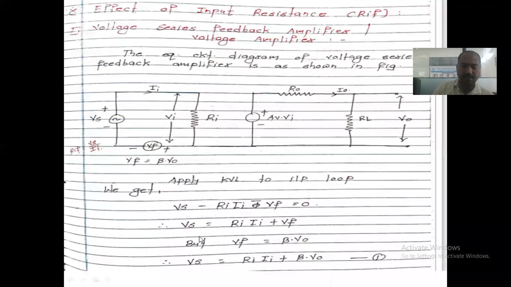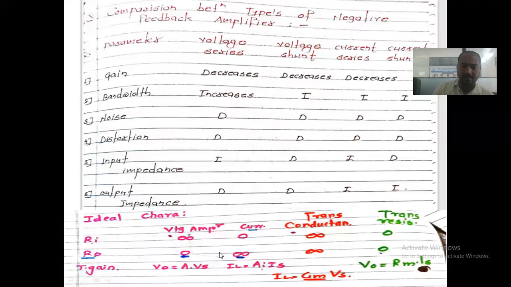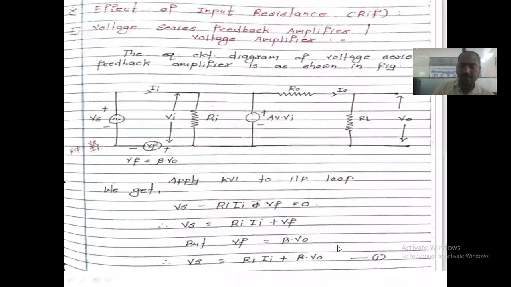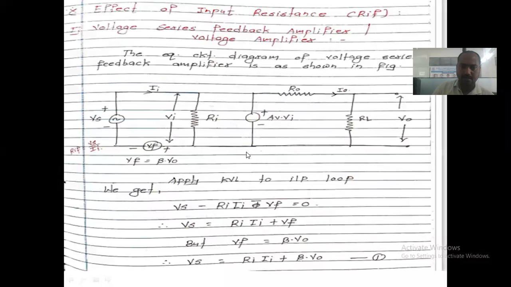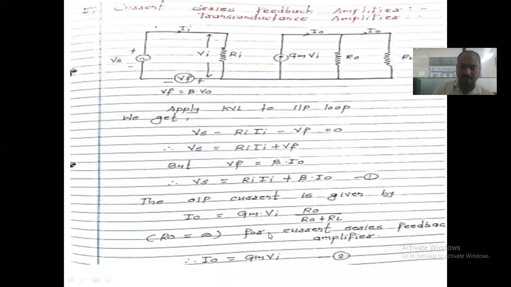Here also it is infinite. For the current series feedback amplifier, we have to use R0 as infinite, right?